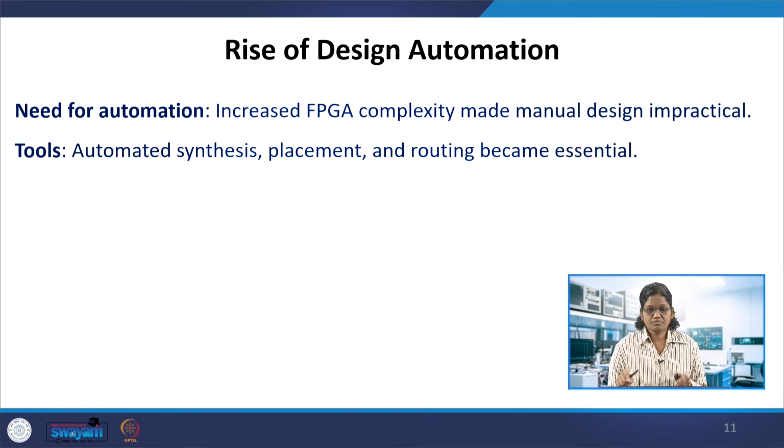So there was a need for automated synthesis. If you have the HDL, then the synthesis process needs to be automated, and placement and routing became essential parts of this. So how can we automate the total design process? That was the concern.